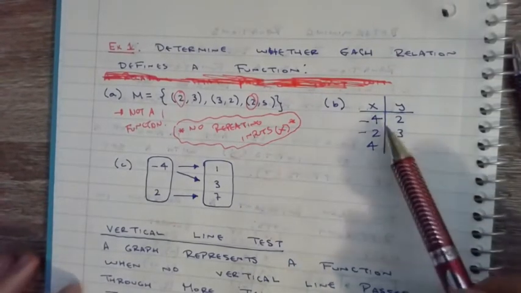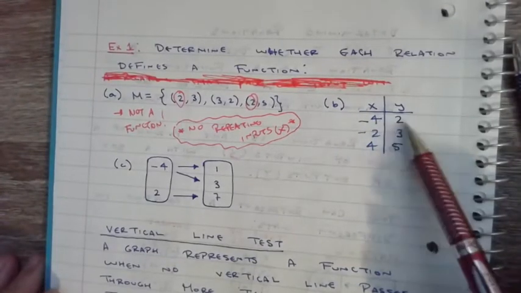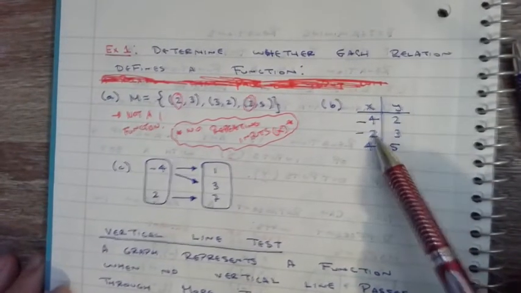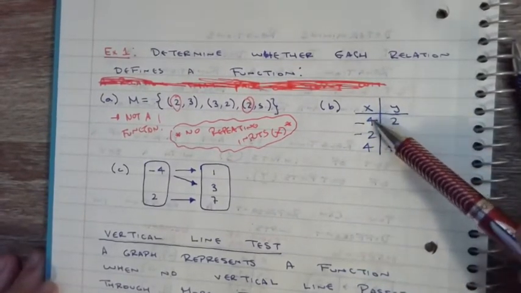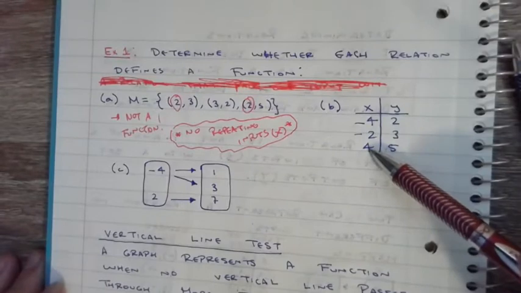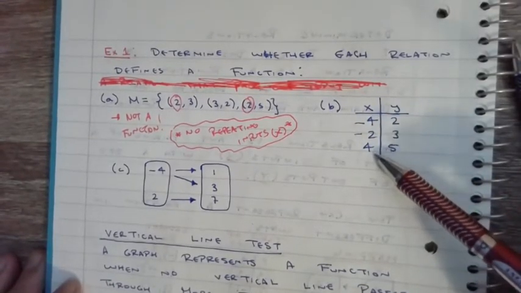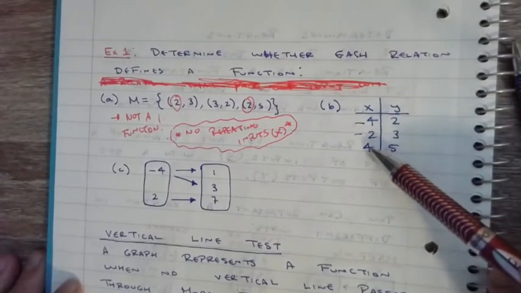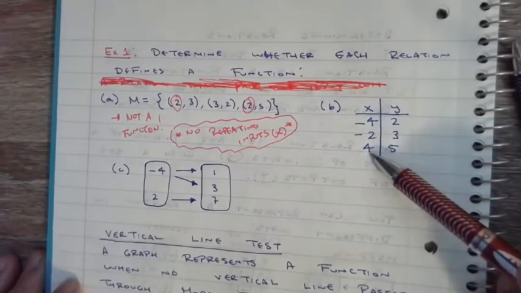Now let's take a look at this one right here. Let's take a look at our x's. We have (-4, 2), (-2, 3), and (4, 5). Our x's are -4, -2, and 4. Now some of you might be wondering, Mr. Rubio, you have two 4s. However, take a look at it. You have a -4 and you have a 4. Are -4 and 4 the same thing? No, they're not.